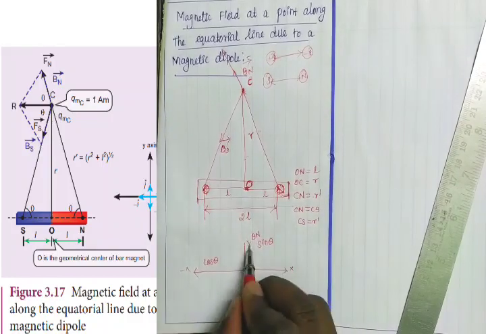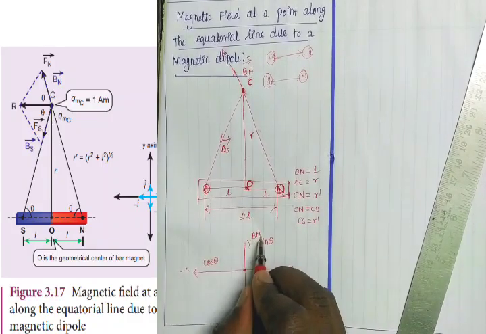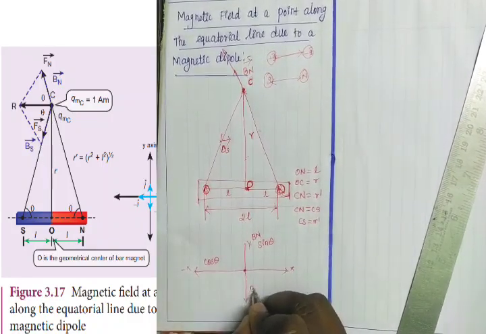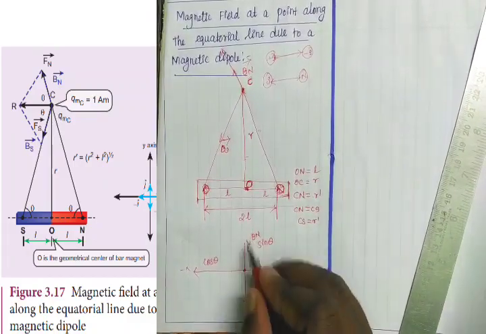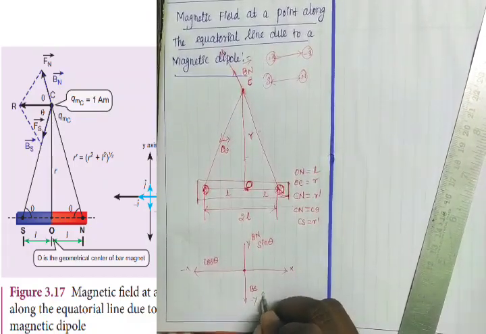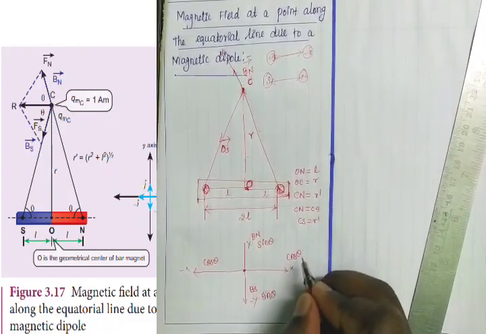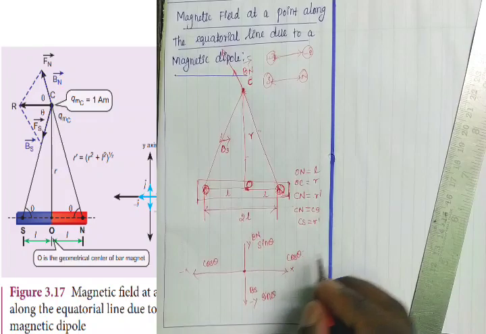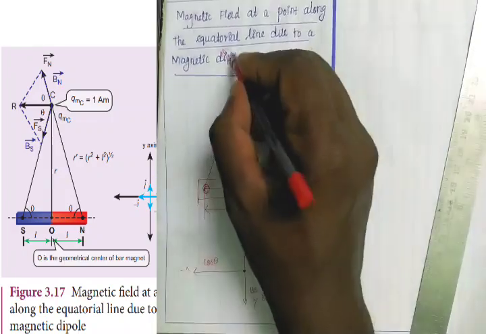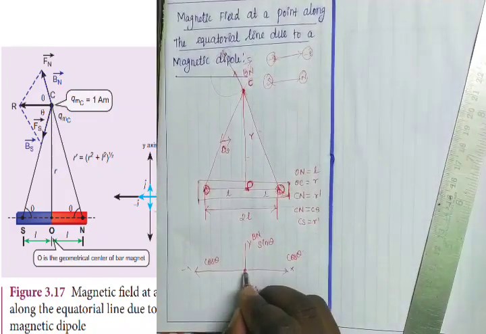In the Y axis, plus Y for B of N and minus Y for B of S. The vertical component is sin theta, here also sin theta, and the horizontal component is cos theta, here also cos theta. Next, this line is the magnetic field direction.